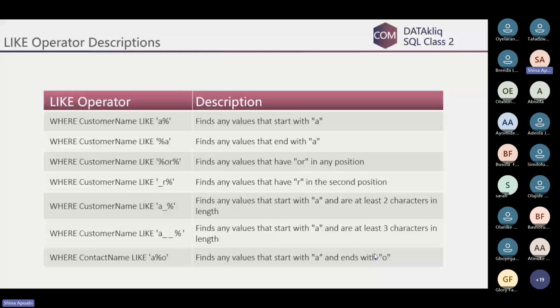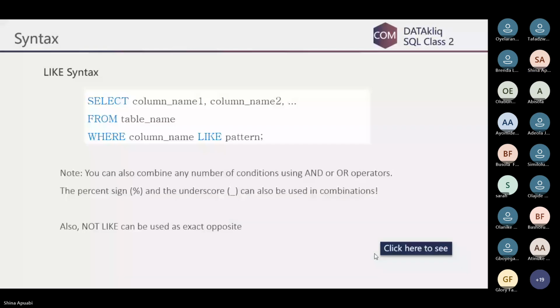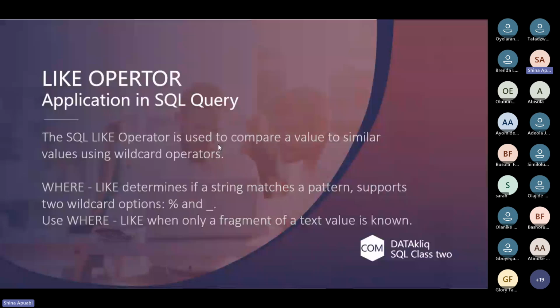So let's move on. Okay, so I didn't include that. All right, this is the syntax. You can see we state the condition, where, so like. We're going to see an example. By the time we do this, we open our DBMS and you will see everything.